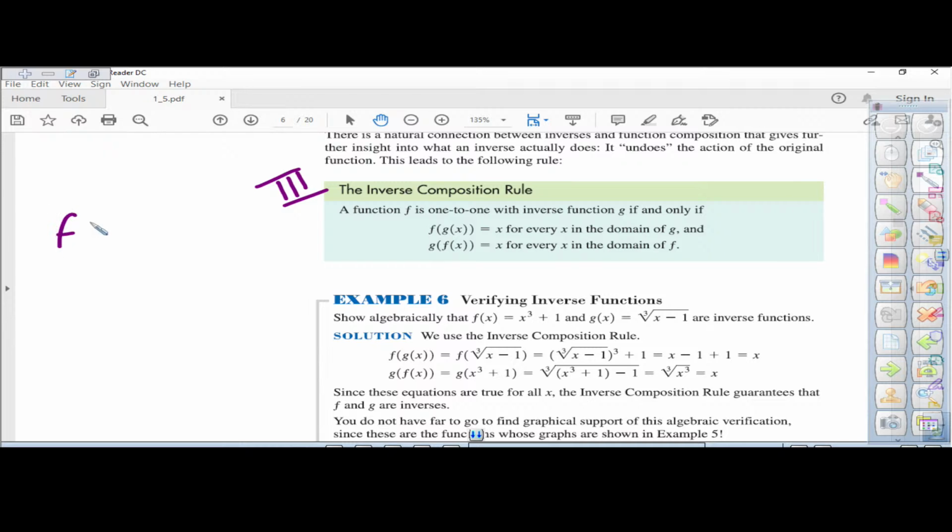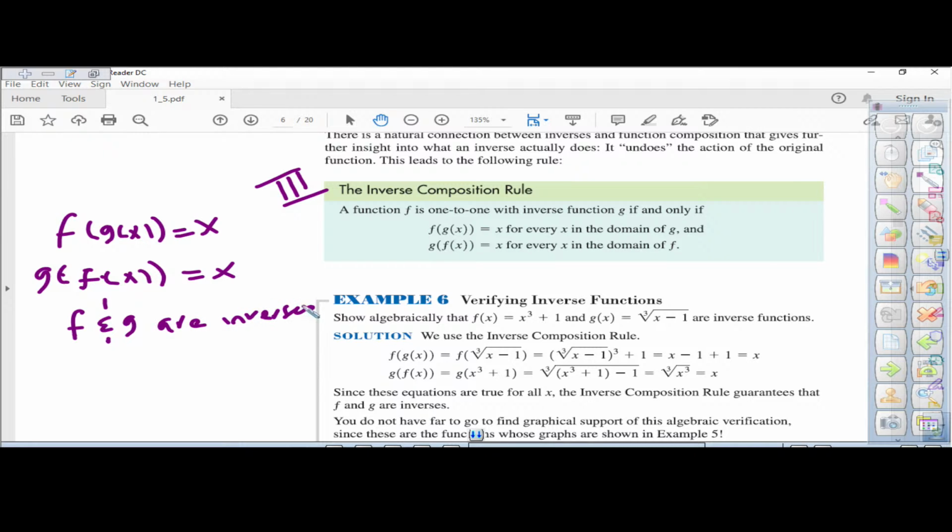So if you did a composition of two functions, f of g of x for example, and you end up with x, and then you do the opposite composition, g of f of x, and you end up with x, then you would know that g and f, or f and g, are inverses of each other. Okay?